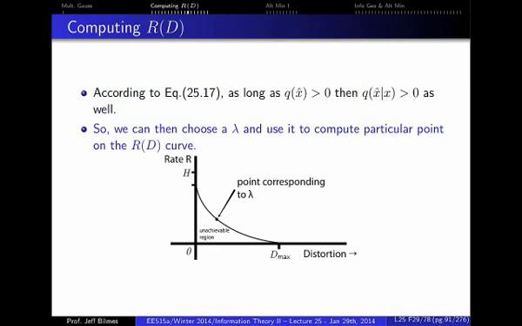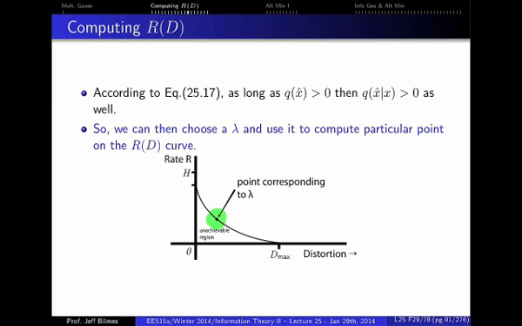But what this is giving us is, how are we computing the rate distortion function? The one thing that we're fixing is lambda. We're not solving for lambda. We can think of that as a fixed parameter. If we choose a particular value of lambda, that can be used to compute a particular value on the rate distortion function.